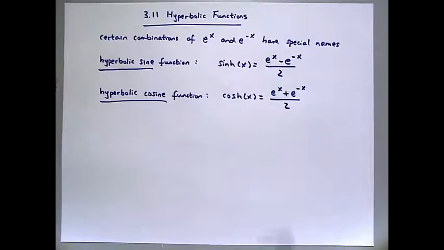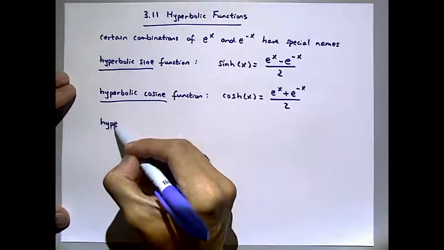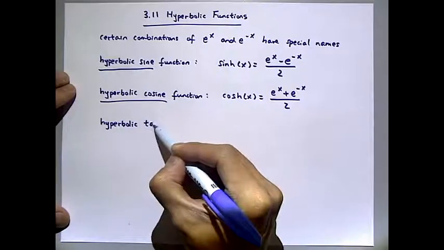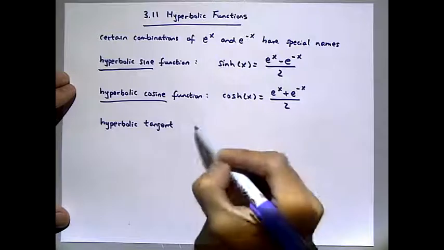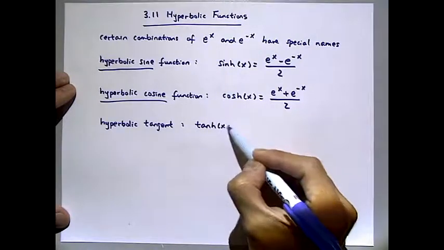And the relationships are the same as you're used to. So for example, the hyperbolic tangent is tangent with an h at the end.